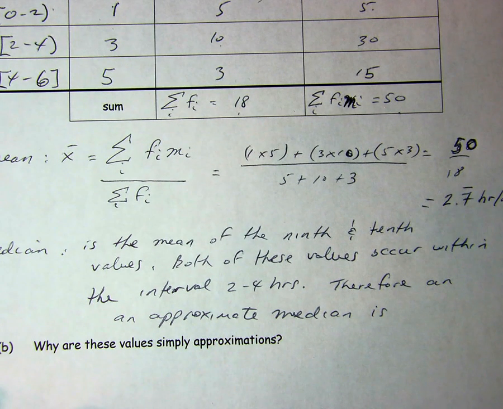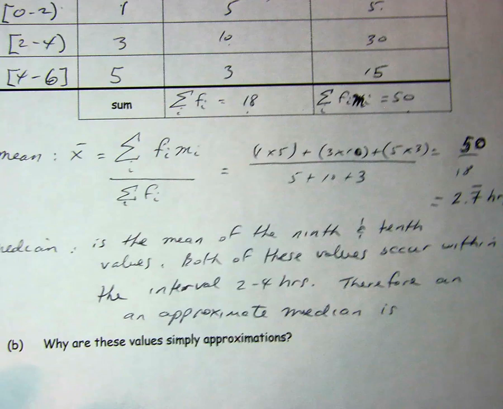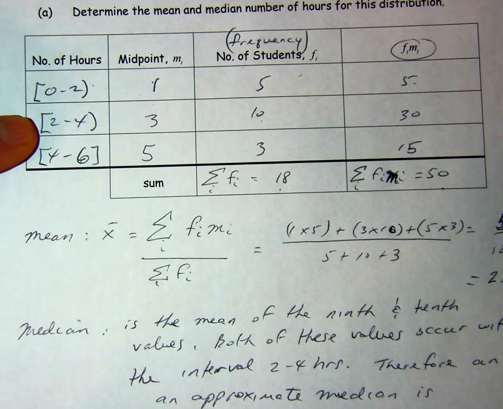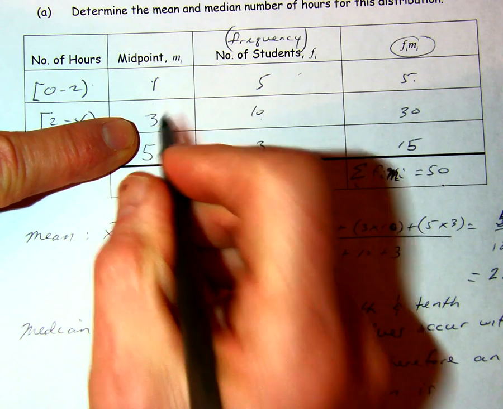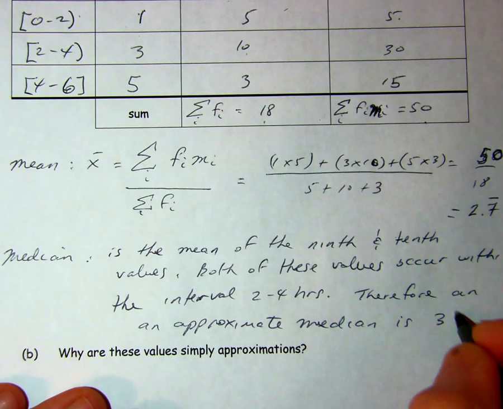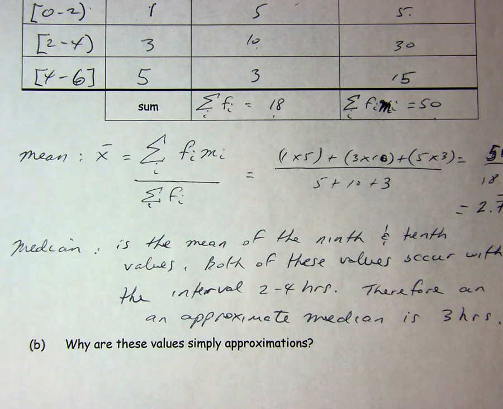I don't want a range. So what number do I use? We're definitely in this range, so we don't use 2 to 4. We want one number. We use the midpoint. The approximate median is 3 hours.